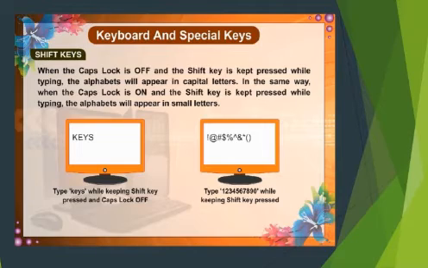In the same way, when the caps lock key is on and the shift key is kept pressed while typing, the alphabets will appear in small letters. With the help of shift key, we can type many of the symbols which are located on the number keys.